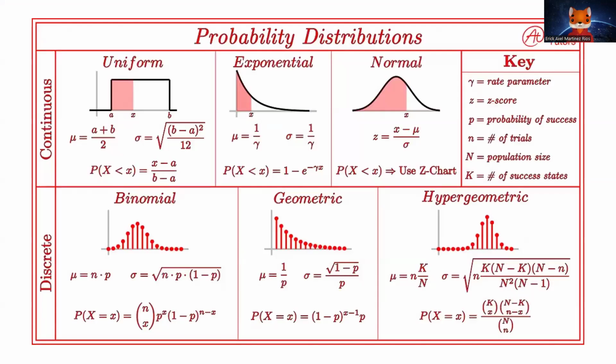Depending on the behavior of the variable, and whether the variable is continuous or discrete, you can have many types of distribution. You can have a uniform distribution, an exponential distribution, a normal distribution, a binomial, geometric, hyperbolic, and so on, that we can classify between continuous and discrete variables.